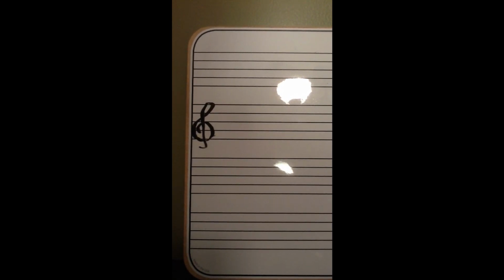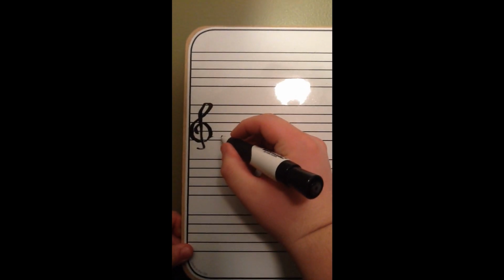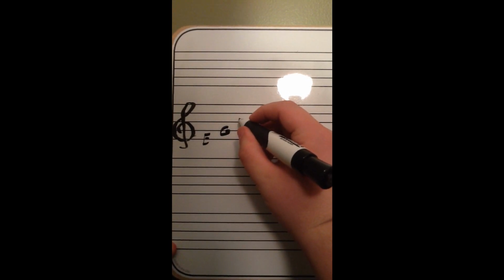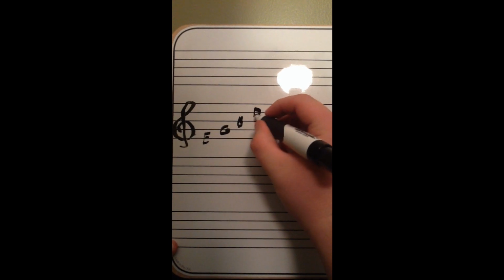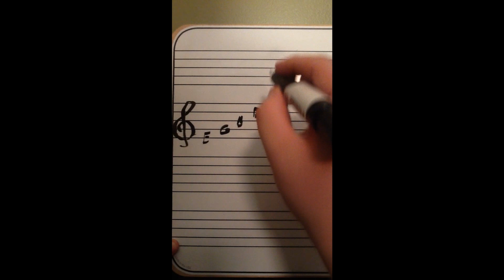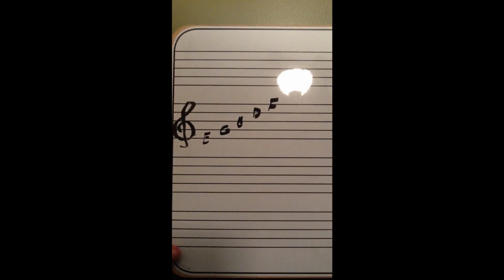One is for the spaces, and one is for the lines. So for the lines, you can think of every good boy does fine. E, G, B, D, F.